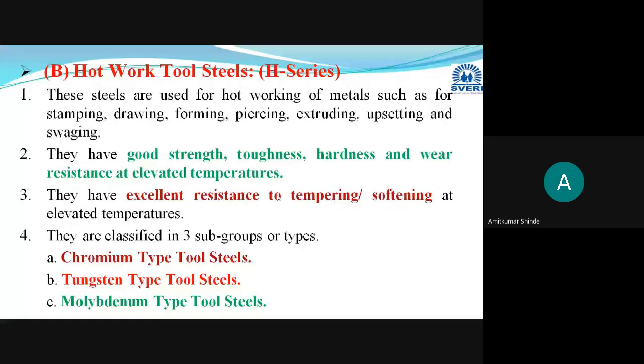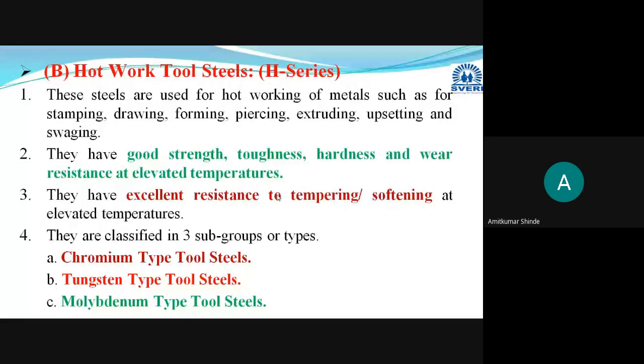Then, related to properties, what is the difference? Hot work tool steels provide high strength, toughness, hardness, and wear resistance. These properties are present in cold work tool steel also.